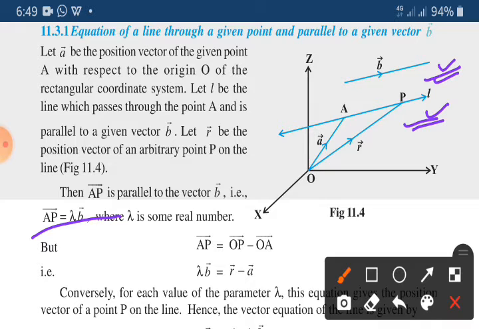So AP vector is equal to OP vector minus OA vector. What is AP vector? Lambda b vector. That is equal to OP vector, r vector, then OA vector is a vector. So r vector minus a vector.